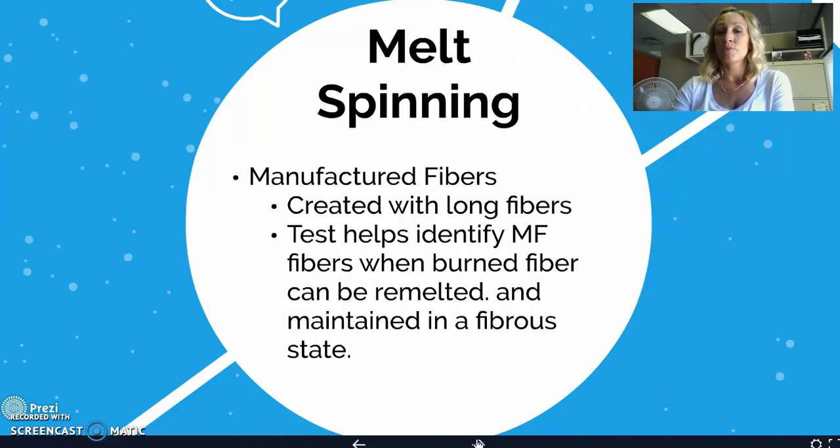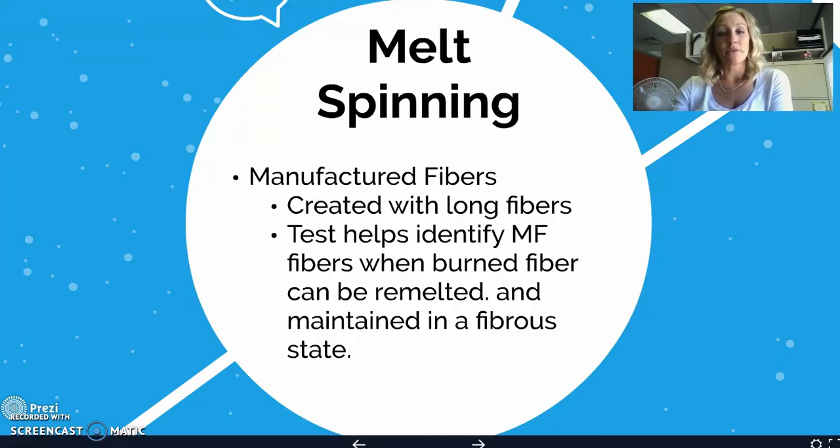So in this test, what we're going to do is identify if there are any manufactured fibers. During melt spinning, if you are unsuccessful, that means that you have a natural fiber, because your fibers are not able to be recreated. What melt spinning is, we are looking at whether we are able to melt the fiber and stretch it long again to get that long fiber that was originally created.